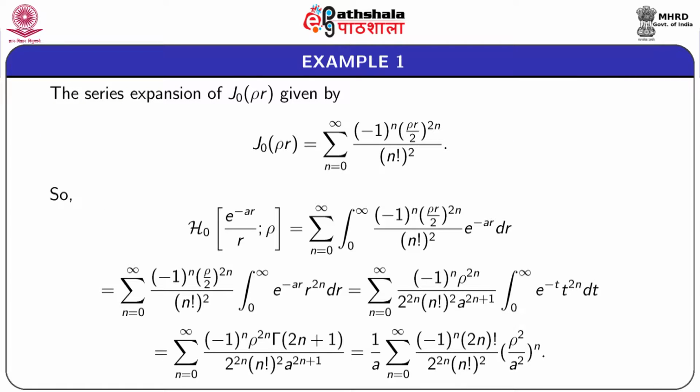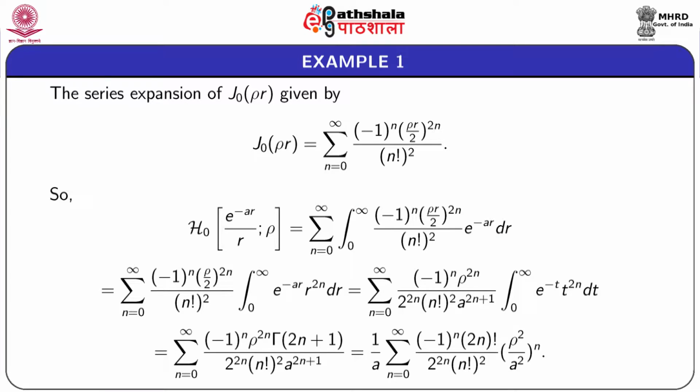Now, here to evaluate this integral we shall use the series expansion for J0(ρr), which is given by summation n equal to 0 to infinity (-1) to the power n (ρr by 2) to the power 2n divided by (n factorial) whole square.